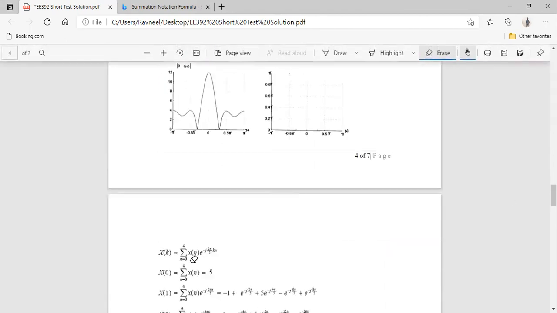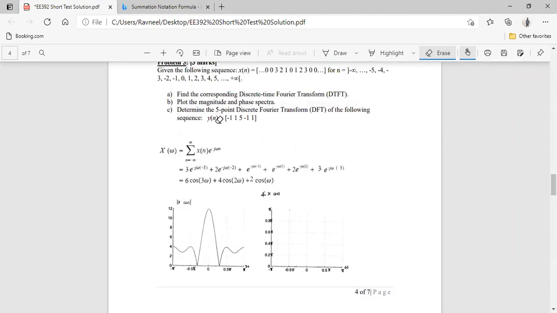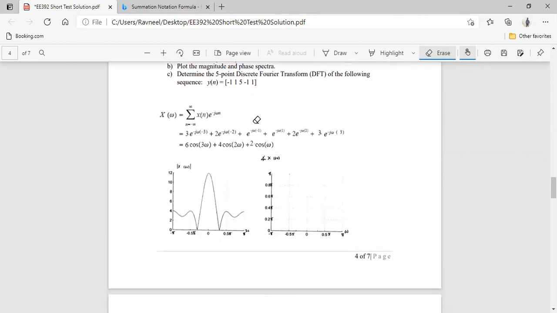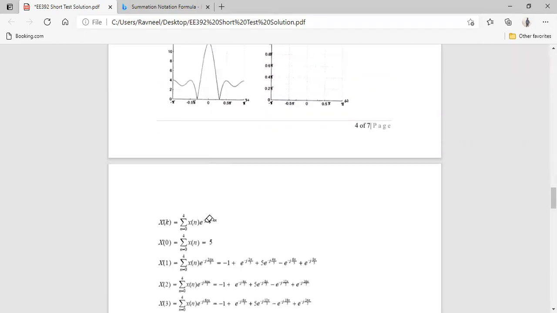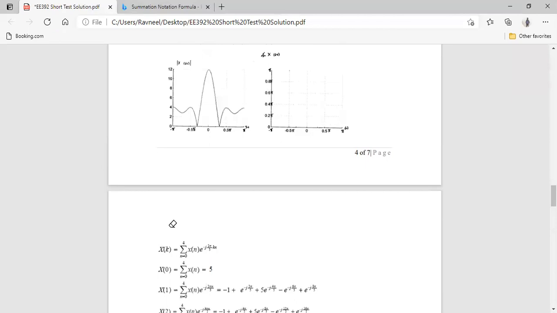So just using the formula again, you just need to substitute the values, and this time y of n is given over here. Capital N in this particular case would be the number of points in that definite series, so that is 1, 2, 3, 4, 5. So capital N is 5. K is the value that we are identifying, that discretizes the whole frequency domain.